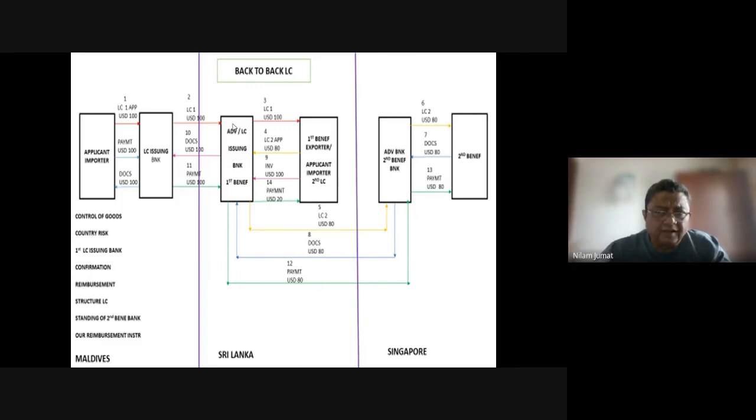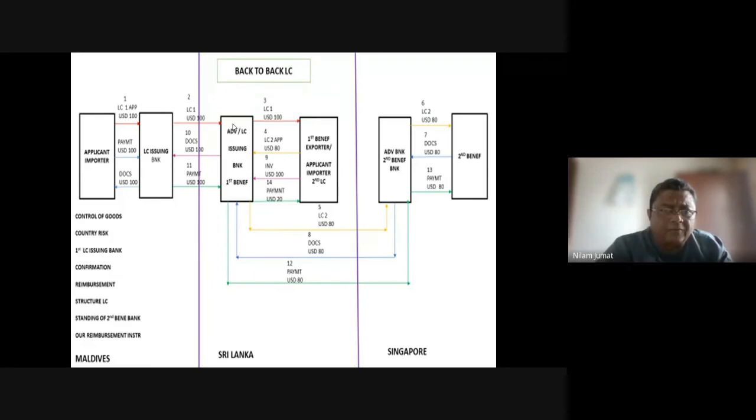Once Ching sends the shipment and I submit documents, Ali will pay me $100. You pay $80 to Ching. You take the $80 and give me $20 because you're asking me.